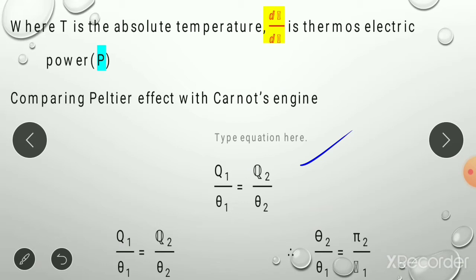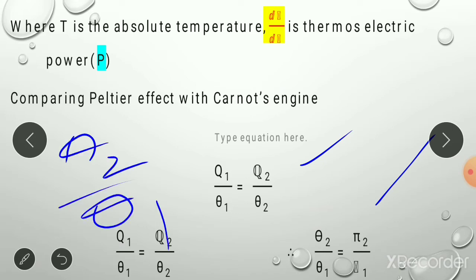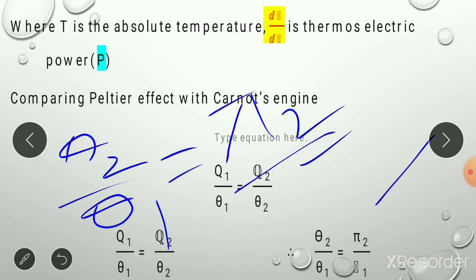In a similar way, we write theta 2 by theta 1 equals pi 2 by pi 1. This equation is deduced from the Carnot heat engine.